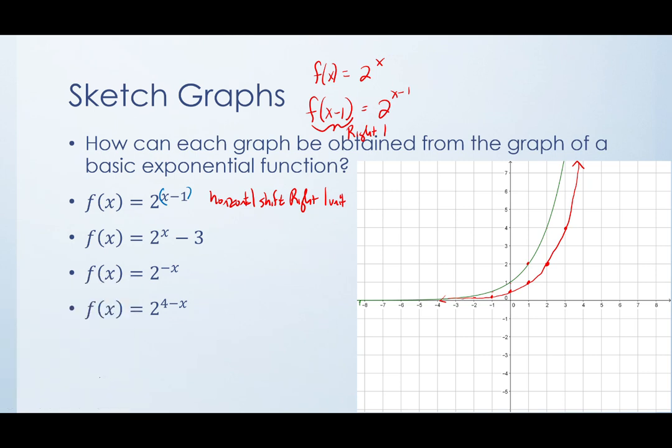We'll go to blue, and we're going to say, okay, what's going on here? Well, we've got our original f of x function, and then we're subtracting 3. So this is a vertical shift down 3 units. So every point that was on the original one, go down 1, 2, 3. 1, 2, 3. 1, 2, 3.